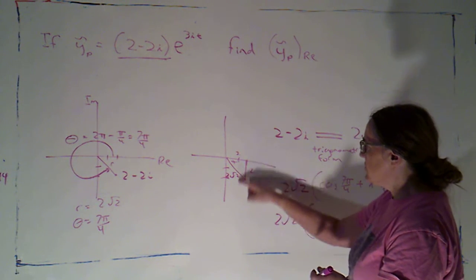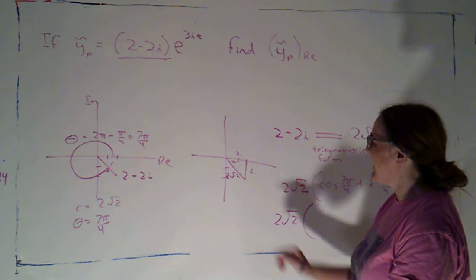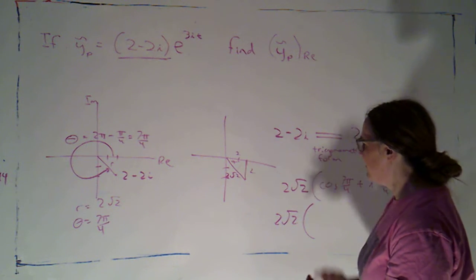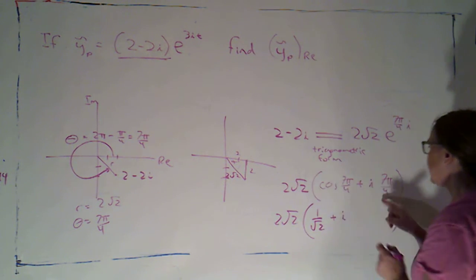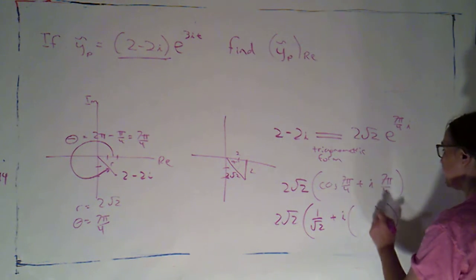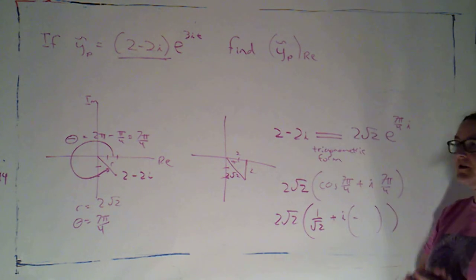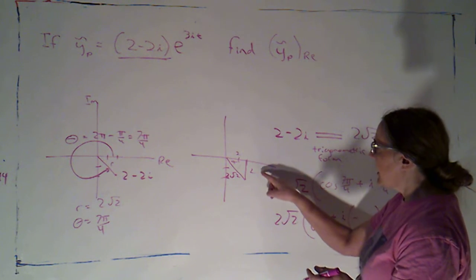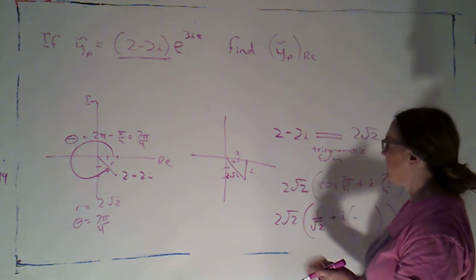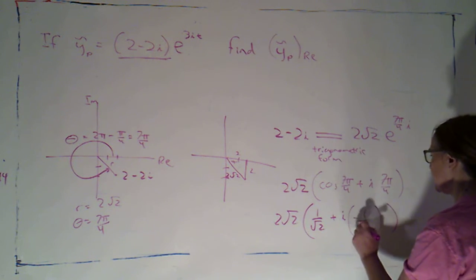And then I can use this beautiful reference angle here and say, 2 over 2 root 2 is going to be 1 over root 2. Then plus i times sine of 7 pi over 4. Well, we're in quadrant 4, so it's negative. But again, using my lovely reference angle here, the absolute value that I attach to that negative sign is 1 over root 2.